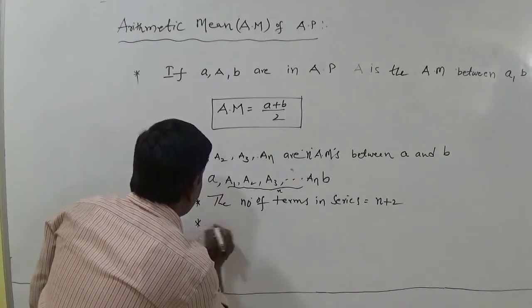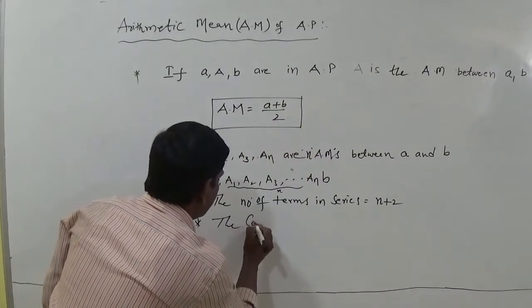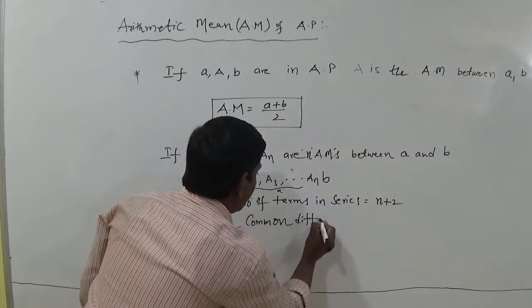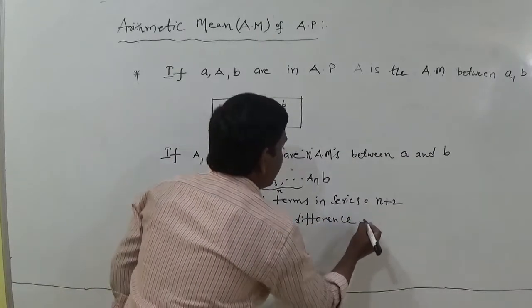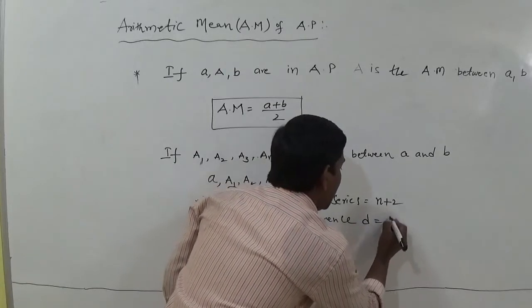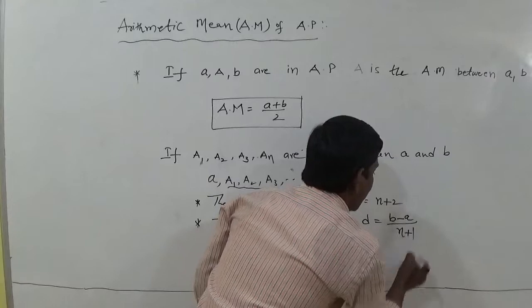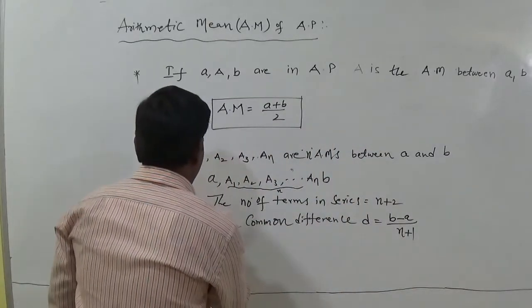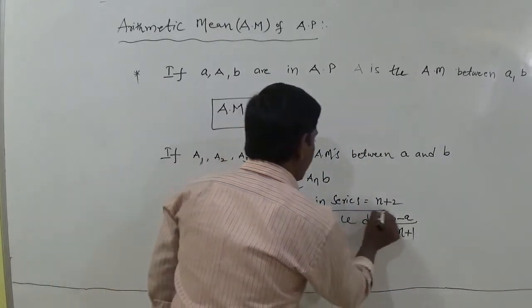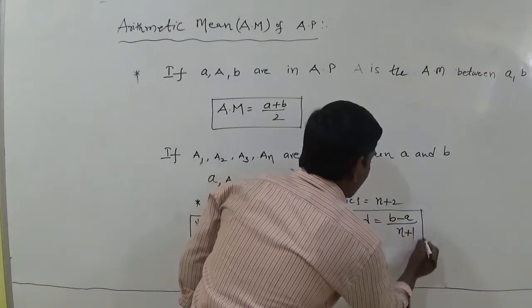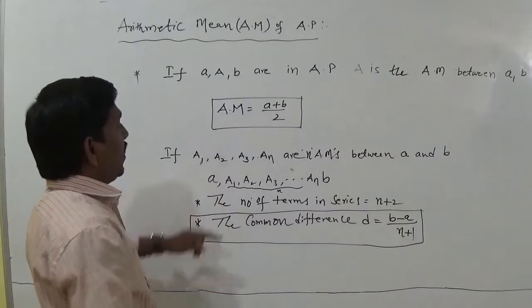The common difference d equals (b minus a) by (n plus 1). This is another formula for d in arithmetic mean.